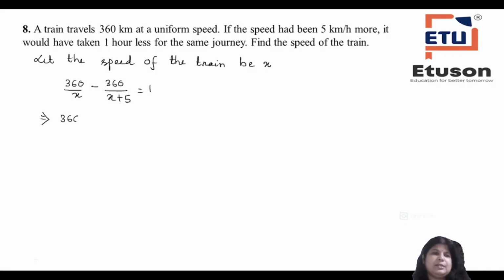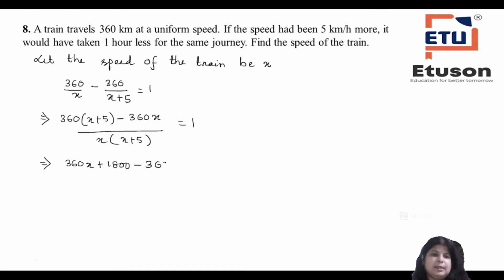So this we have to simplify and bring it to quadratic form, correct or not? So you will get 360 into x plus 5 minus 360 into x, and in the denominator you will have x into x plus 5 is equal to 1. So here you will get 360 into x plus 1800 minus 360x is equal to x square plus 5x, correct?